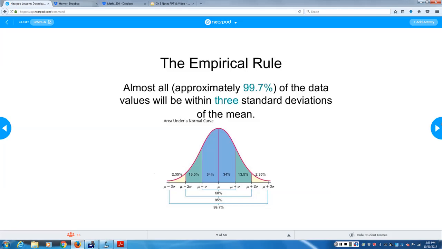For all intents and purposes, we would say that it is 0, because it would be half of 0.3%. And half of 0.3% is 0.15%, 15 thousandths probability. So almost all, 99.7% of all of your values of x are going to be on the interval, the mean minus 3 standard deviations to the mean plus 3 standard deviations.